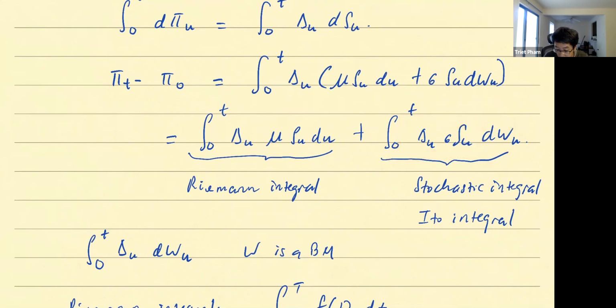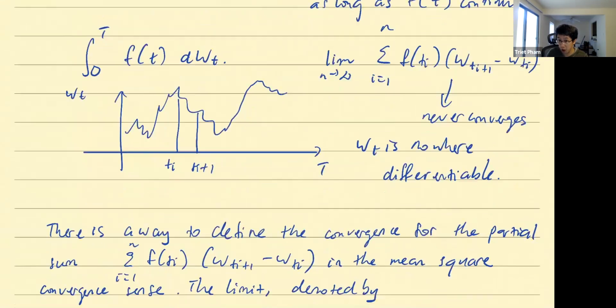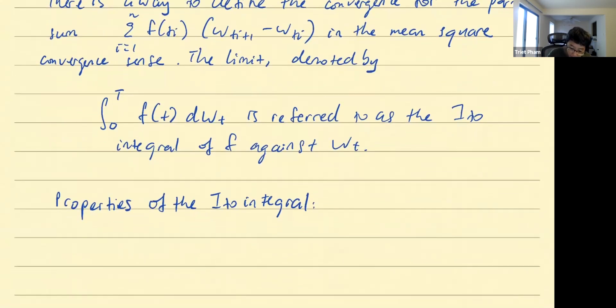Integrate just means that you keep adding the value of one, multiplied with the change of the other, and add them up. That's what we mean by integration in general. So the two central objects are the integrand, little f, and the Brownian motion, W.